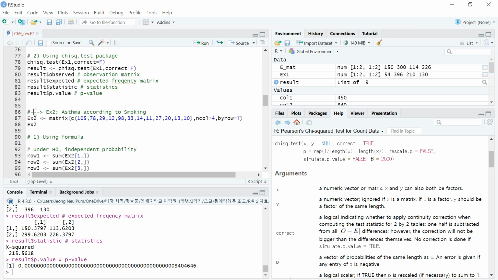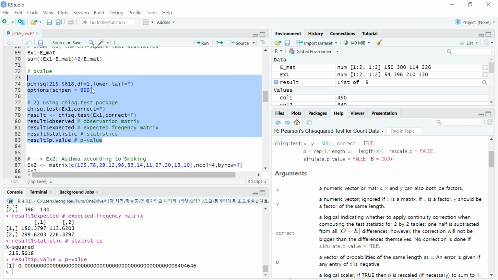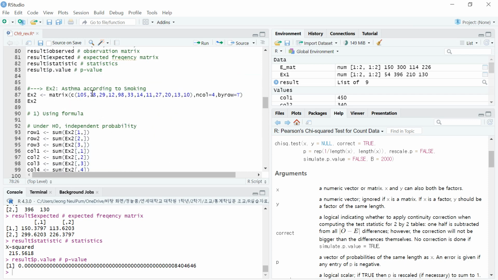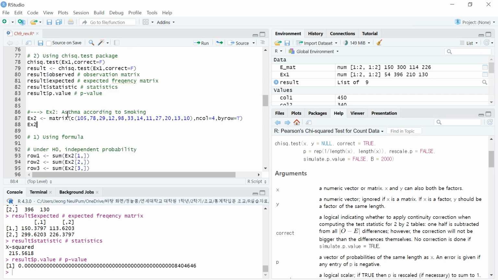And example number 2 has the same procedure as example number 1, but with a different number of rows or columns. Example number 2 has a much more complicated sample, but the procedure is the same as the previous one.